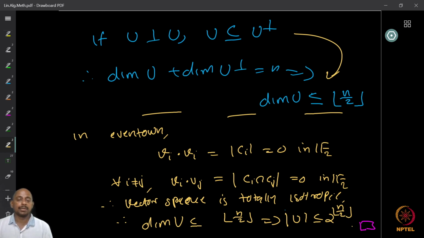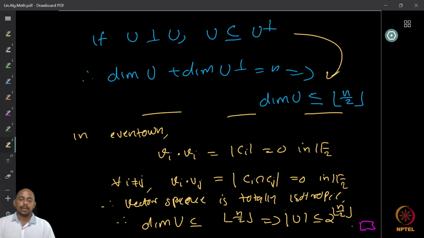Now, if the dimension of the vector space over F2 is at most floor of n by 2, then you cannot have more than 2 raised to n by 2 elements over F2.